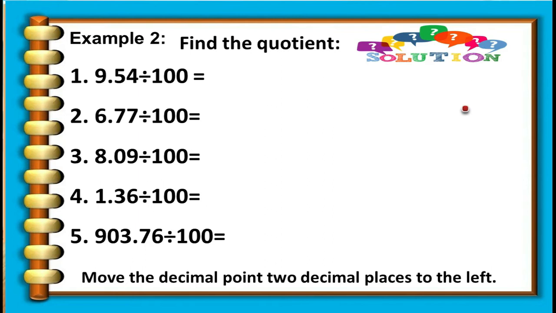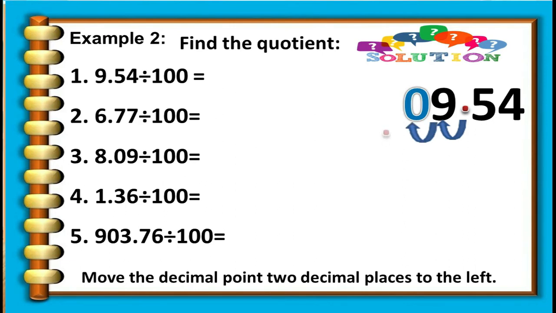Example number 1, 9 and 54 hundredths divided by 100. Move the decimal point 2 places to the left: 1, and then you can add or write 0, 2. Here is the decimal point. Write the 0. The answer is 954 ten-thousandths.